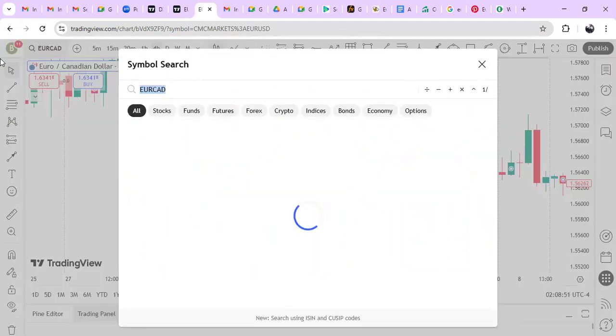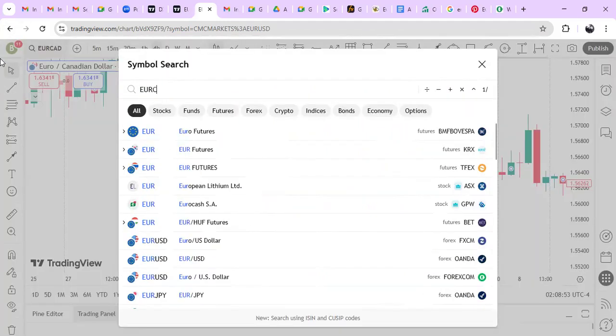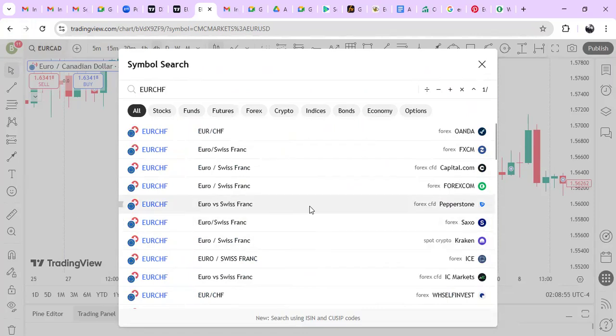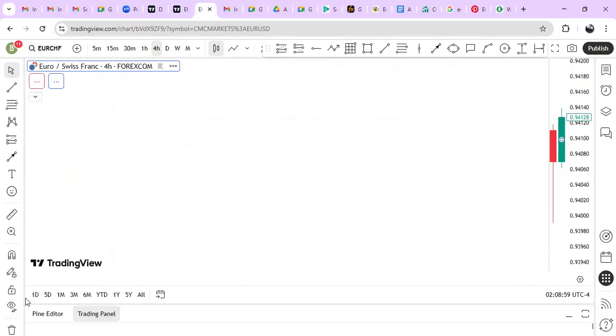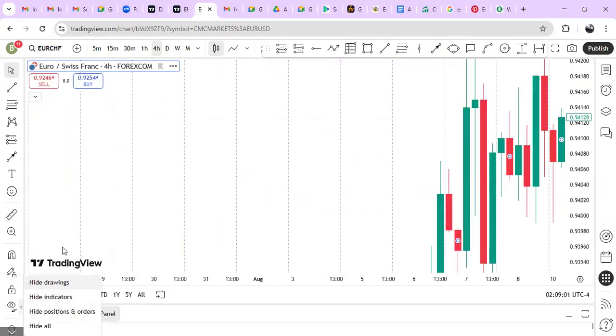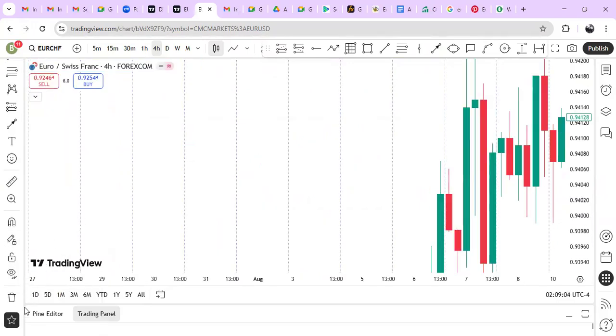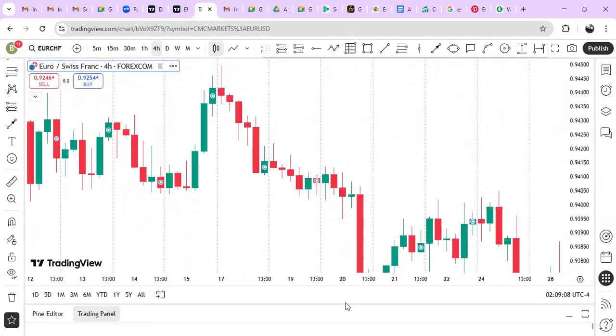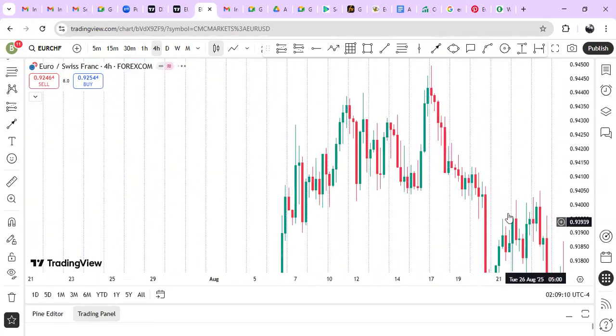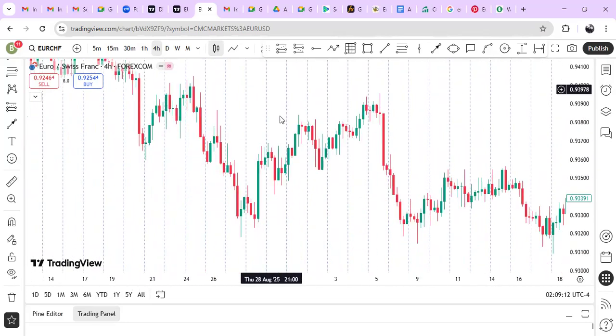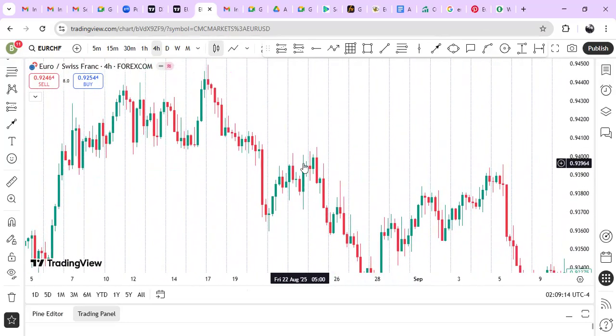Let's look for another pair, USDCHF. Let's do what we know how best to do. See here, an engulfing candle.